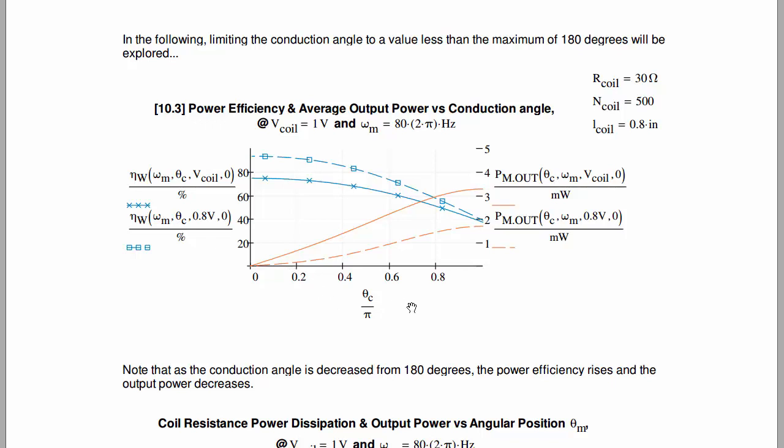In a single phase coil motor, we don't have that opportunity. We have to trade off power for greater efficiency as we decrease the conduction angle. So that's what we have to live with.